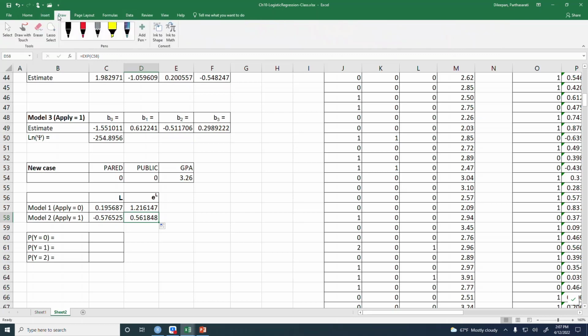So this is the first one, right? So the formula for the denominator, you should have 1 plus e to the power of L1 plus e to the power of L2.